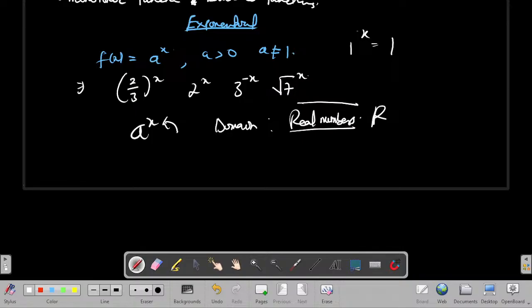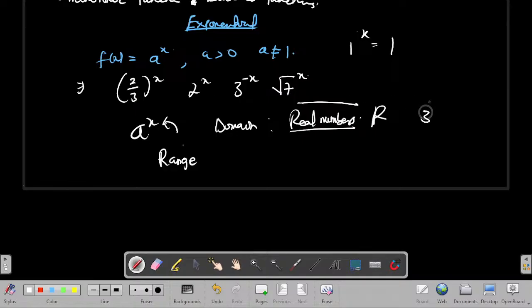Then we move to the range. So what is the range of an exponential function? With an exponential function, you realize that there is no way we can get a negative answer.